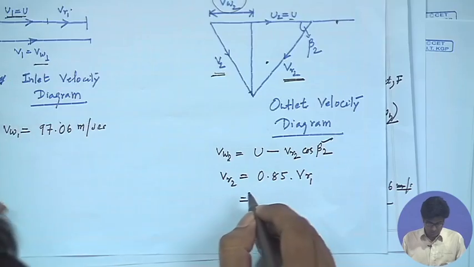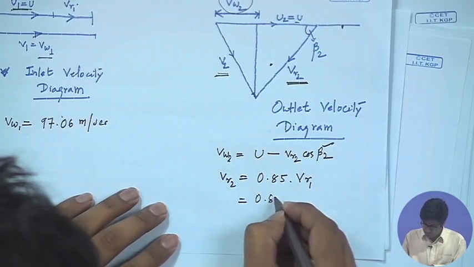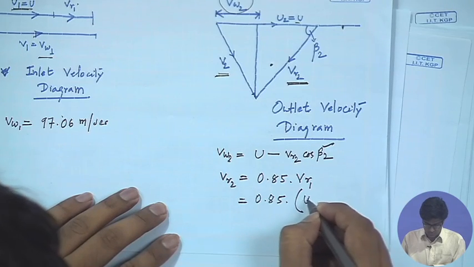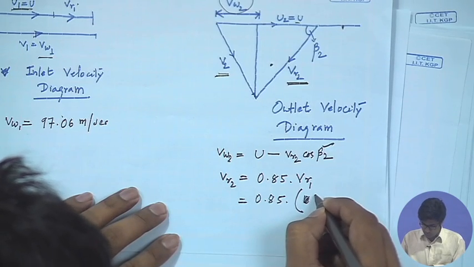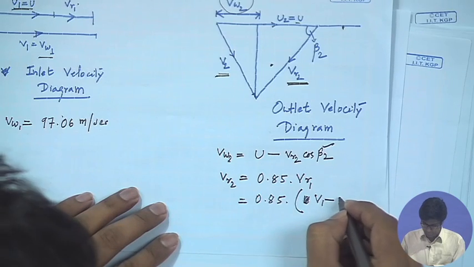Now, from the inlet velocity diagram, we can see that Vr1 is V1 minus u.